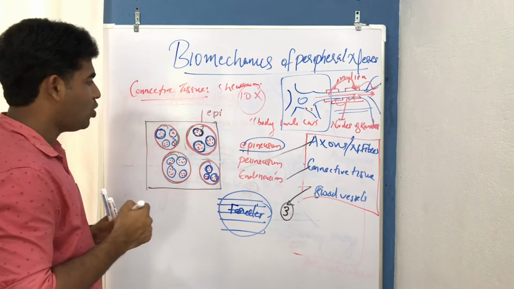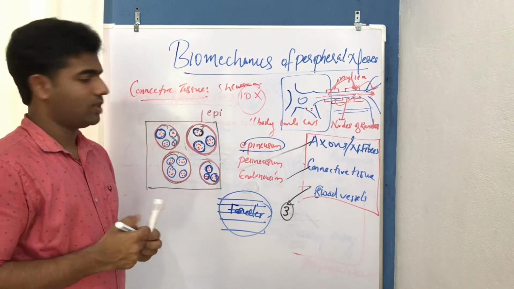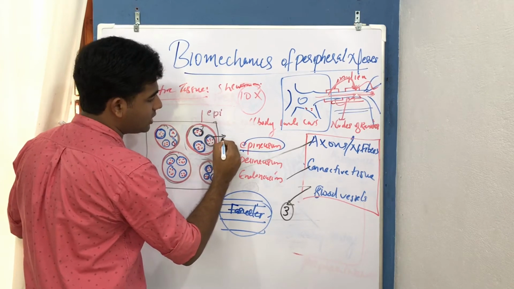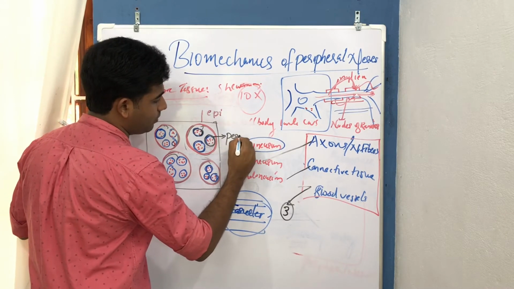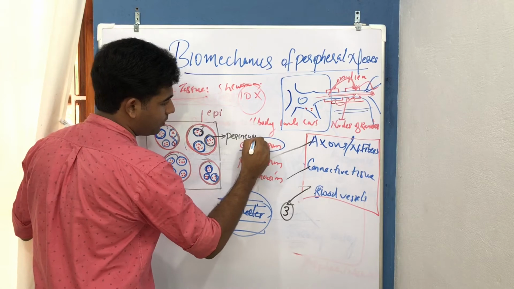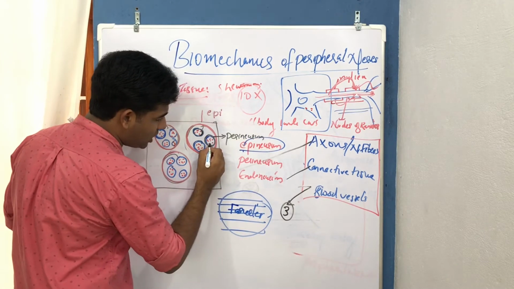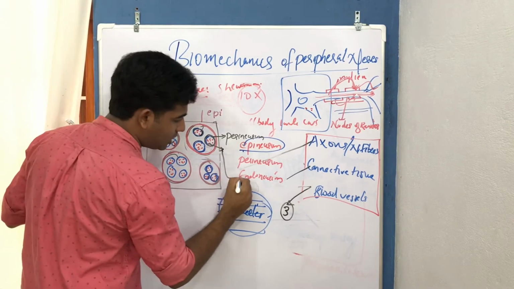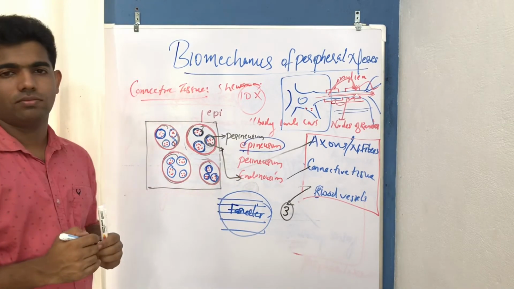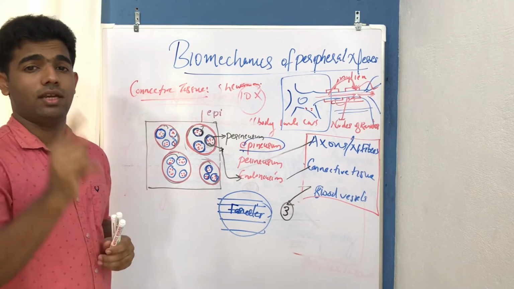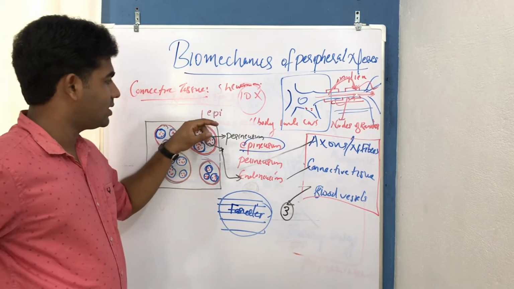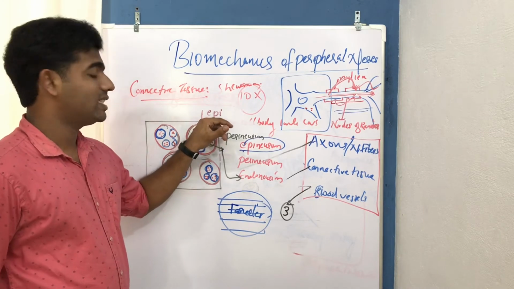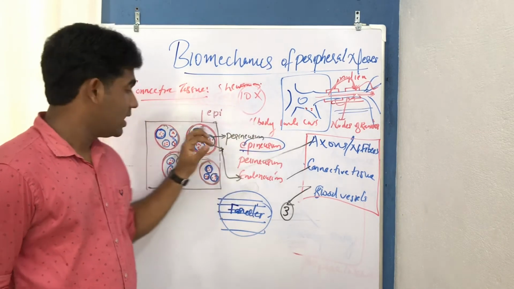Okay. Now you have each fascicle. Each fascicle is lined by a covering, and that is known as perineurium. Now each axon is covered by a covering, and that is known as your endoneurium. Should I repeat it again? I believe yes. The entire nerve bundle is covered by a covering known as epineurium.